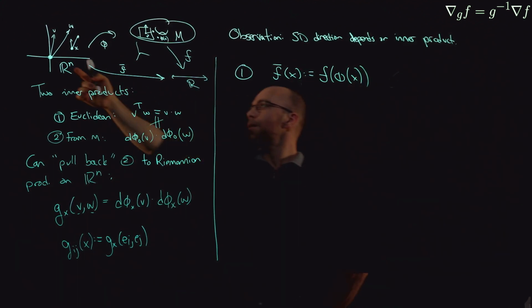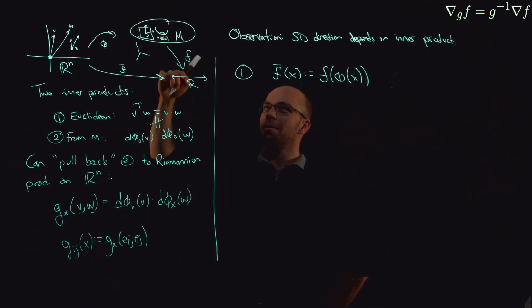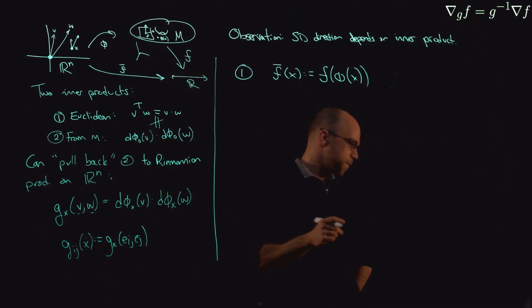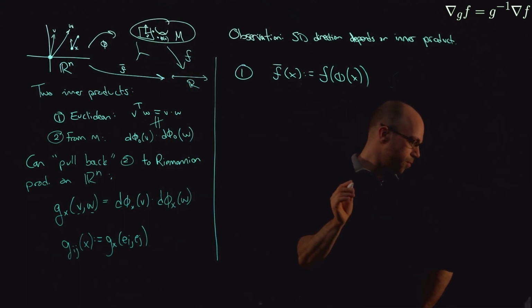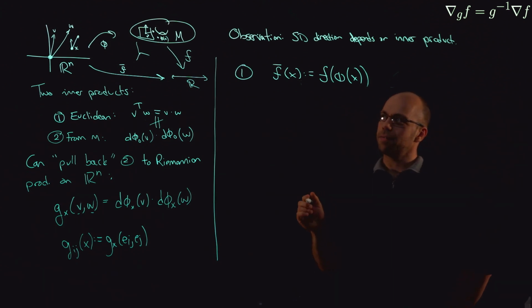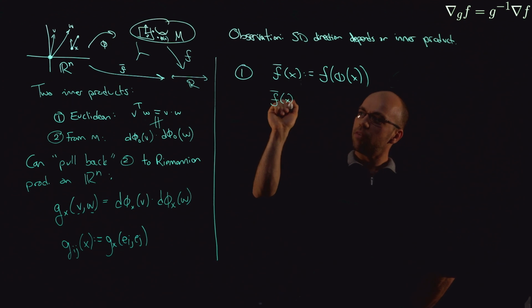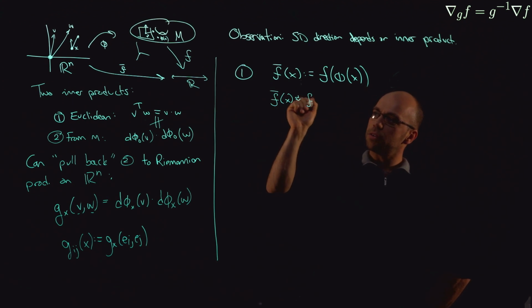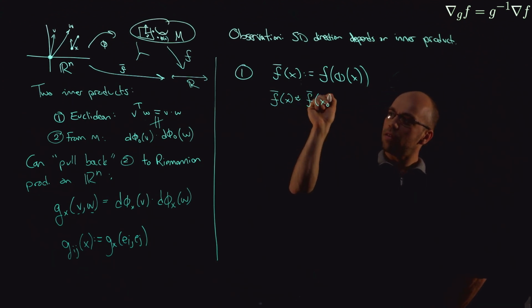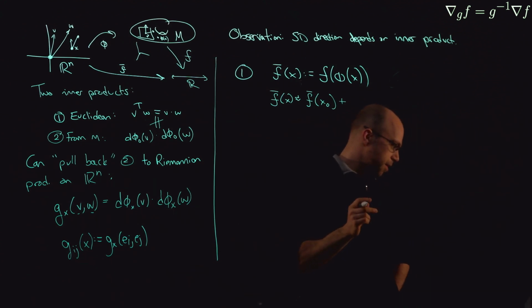So I take a point, I map it to my manifold, and I map it downstairs. Well, what can I do? I can write a first order Taylor series as follows.